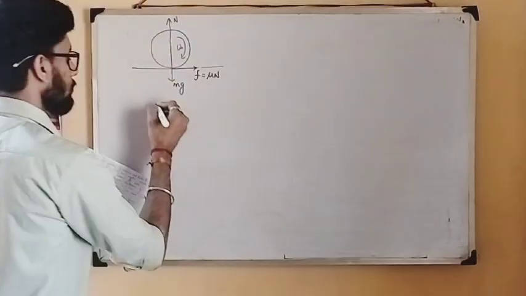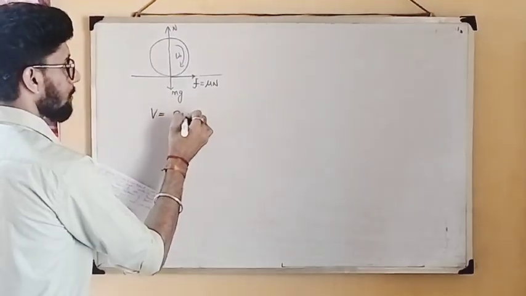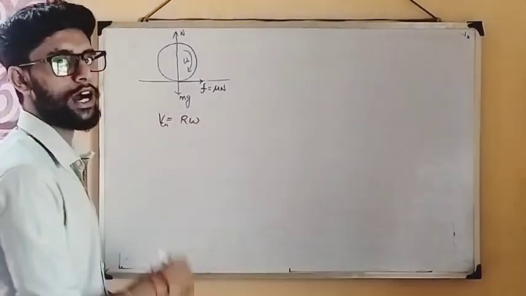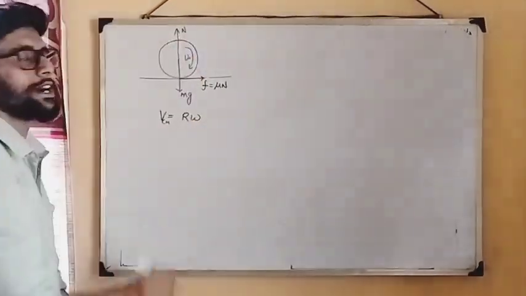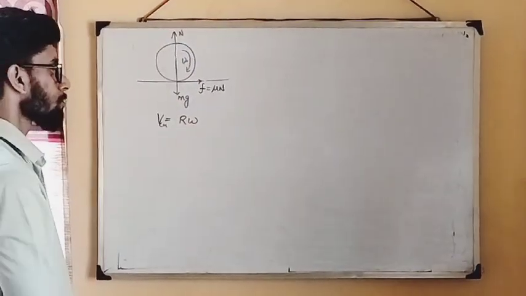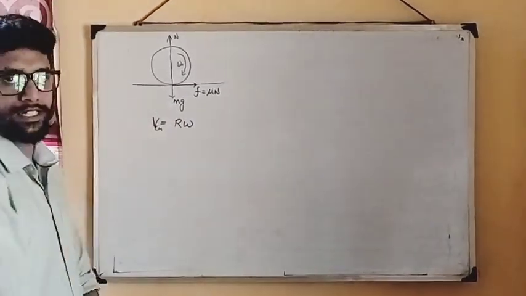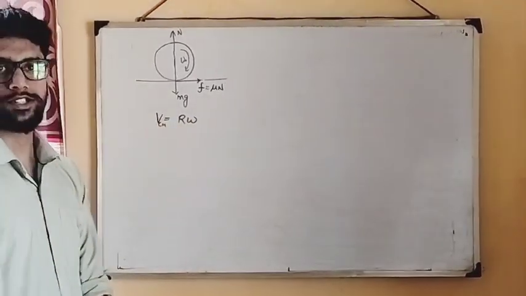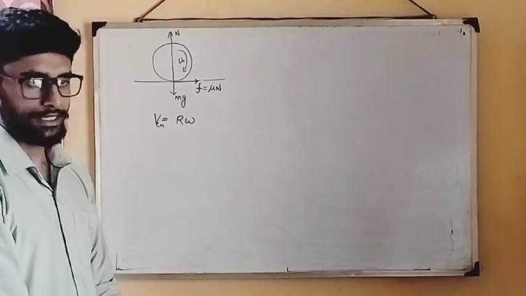And for rolling motion, what is the condition? v is equal to r omega. So the velocity of the center of mass should be equal to r omega, where omega is the angular velocity. So we'll find the angular velocity at time t and the velocity at time t, and then we'll equate these two equations, and from here we can find the time.